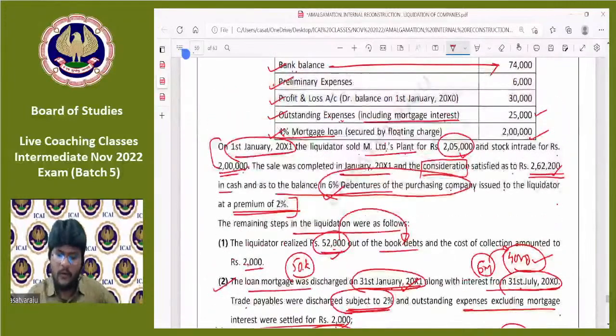This 4% mortgage loan is also secured by floating charge. It was clearly given. Don't think that the 4% mortgage loan is a secured creditor with fixed charge. Don't think like that, because it is a secured creditor with floating charge. That's why there is no asset specifically pledged available.